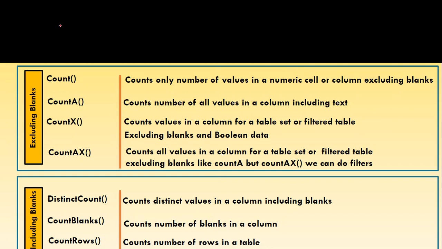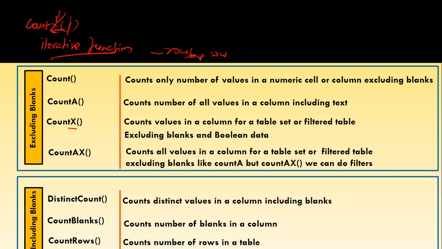For example, the countx function. The functions that end with x are called iterative functions, which means this function will evaluate the expression inside the parentheses row by row. It evaluates the expression row by row. We'll see how it works.